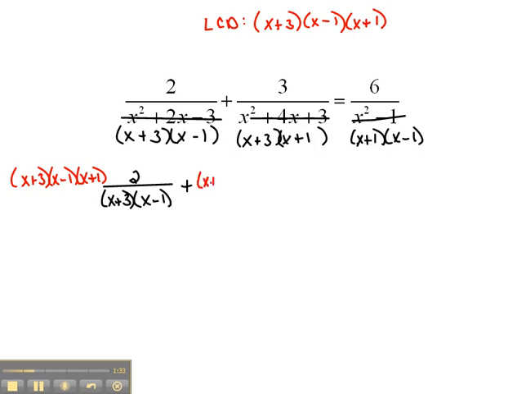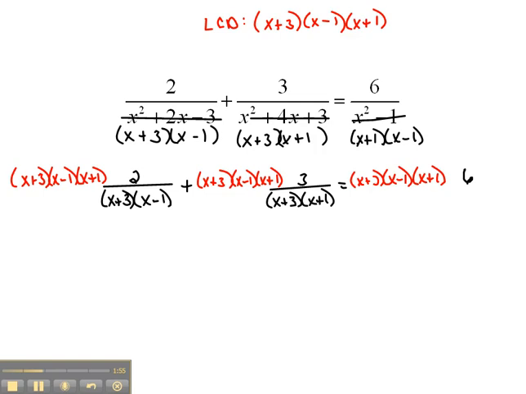So then multiplying the second term by that common denominator, and I'm going to write that second term in factored form, so that would be x plus 3, x plus 1, and then multiplying by the common factor to the last term also. I like to write each one of these out so that you can see exactly what it is that's canceling. Helps you to keep track of your stuff a little bit better.